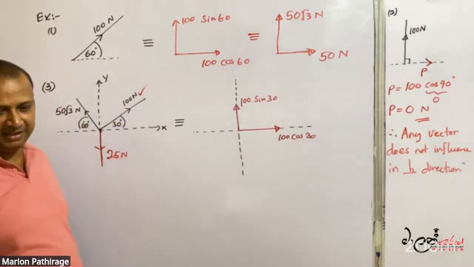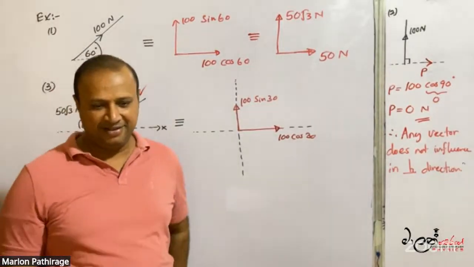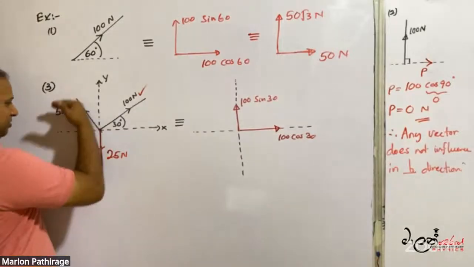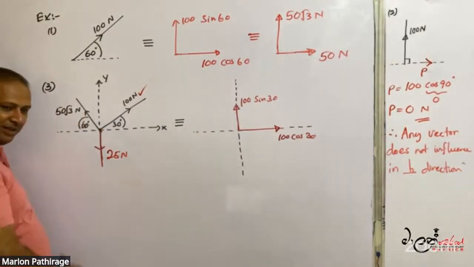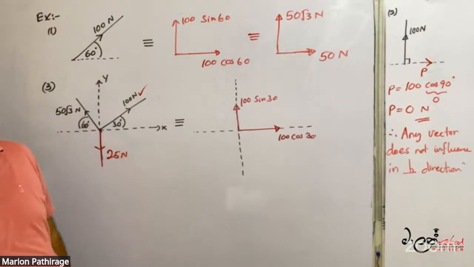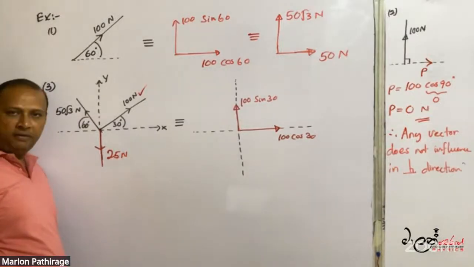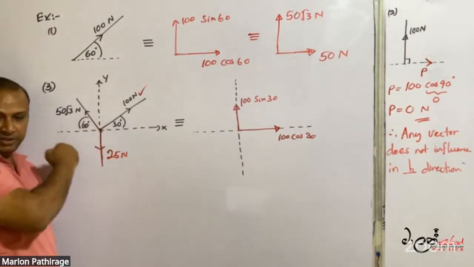I need answers from everyone. Then I can know. What is the resolved component of 50 root 3 into x direction?